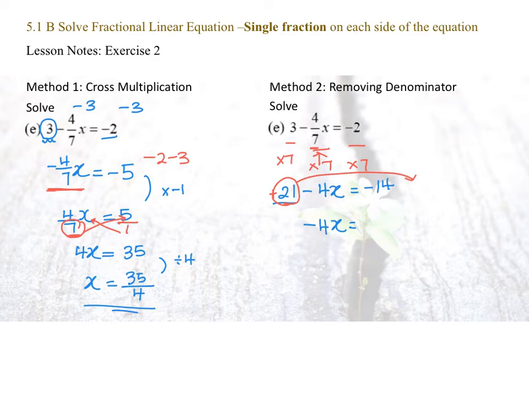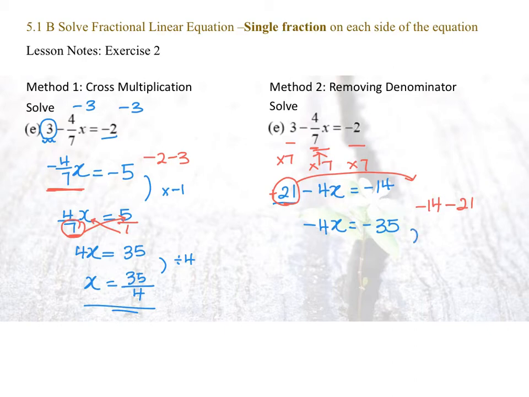So this will be negative 14, subtract 21. What will we get? We'll get negative 35. Notice that both the numbers are negative.